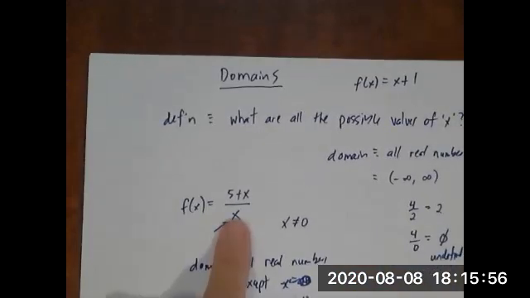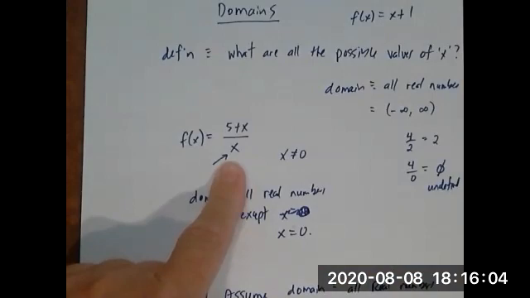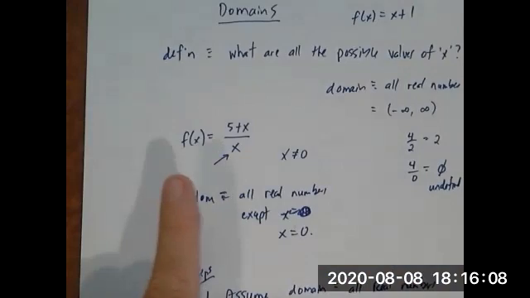When I got to this one, I start out assuming the domain is all real numbers, and the first question is, are there any variables in the denominator? And the answer is yes. So I'm going to have to look into that. Let me ask the second question. Are there any variables under the square root? No, there are not. But since there are variables in the denominator, I have to take that into account.